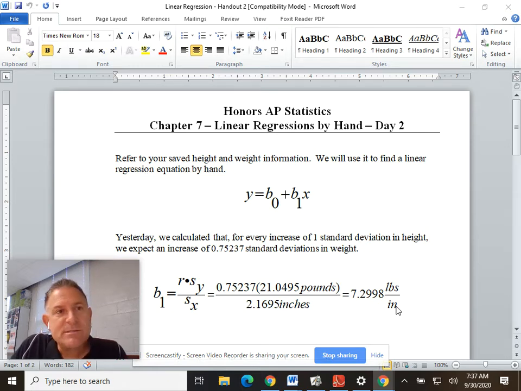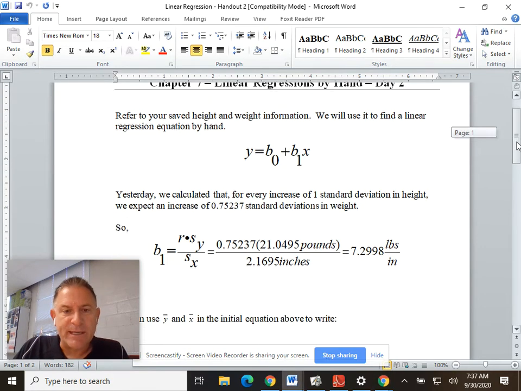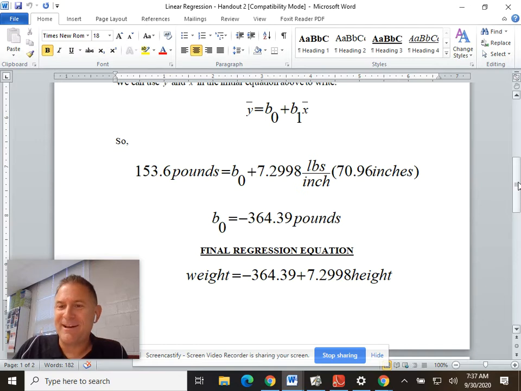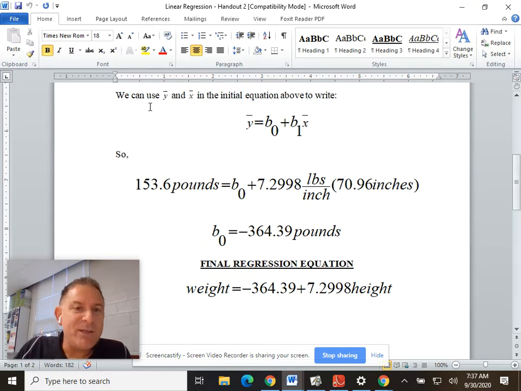Well, we have that. The average height was 70.96. The average weight was 153.6. We can use that. So if you slide down a little bit on your notes, here's what this says. We can use y bar, remember what that means? Average weight, and x bar, which means average height, to, of course, write this.